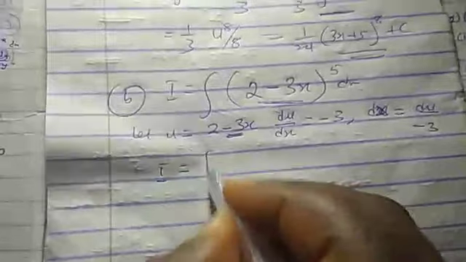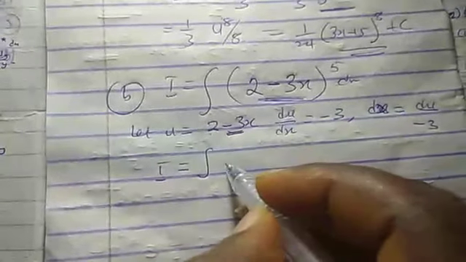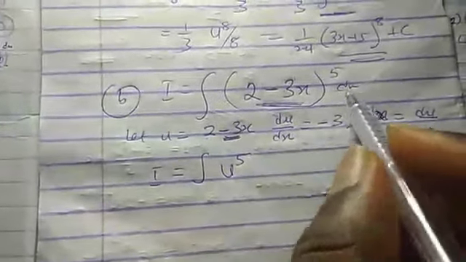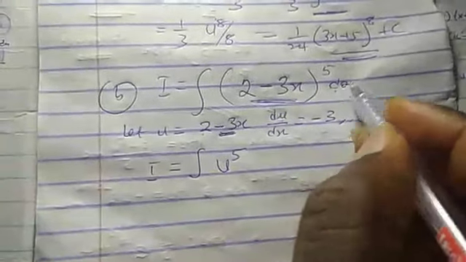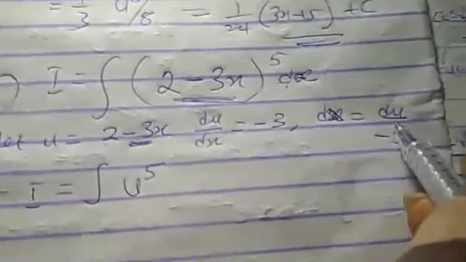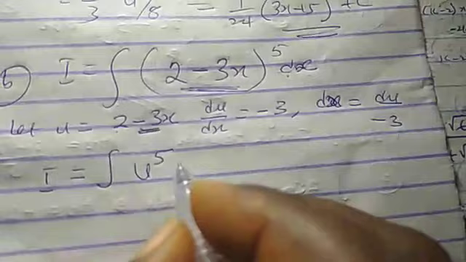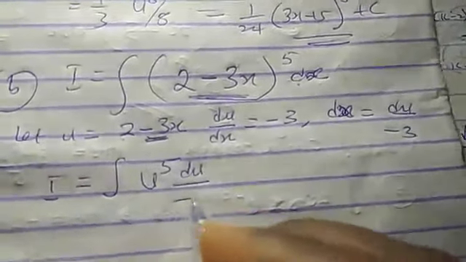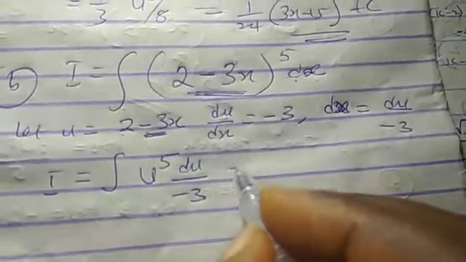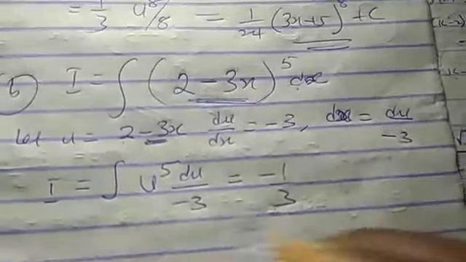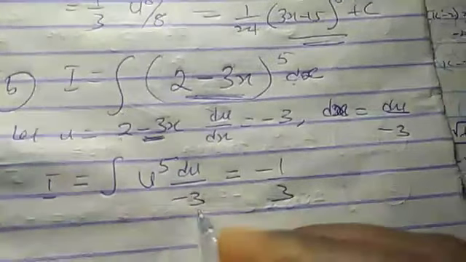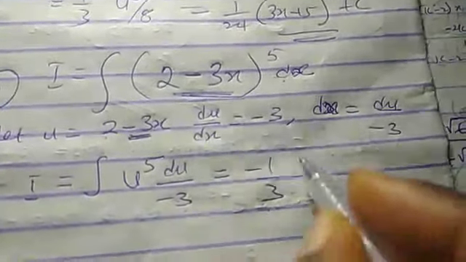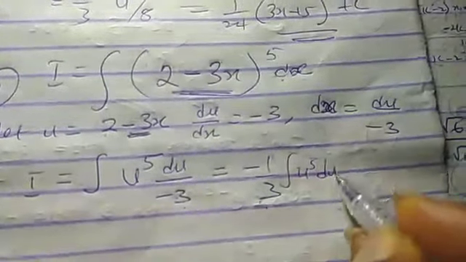Then our integration will become, this one is our u, it will be u raised to power 5 dx. Our dx is du over minus 3. So let me bring the minus 3 out, but it's division. That is why I put 1 over 3, u raised to power 5 du.